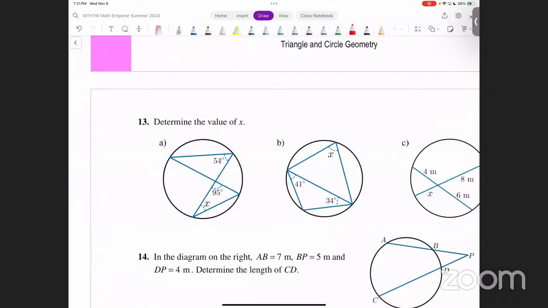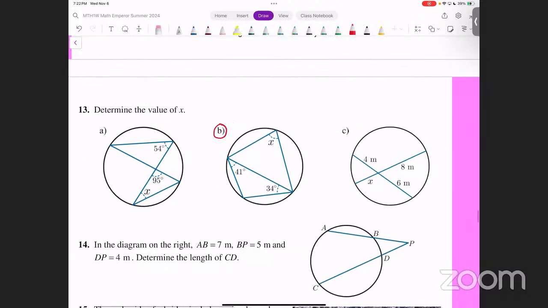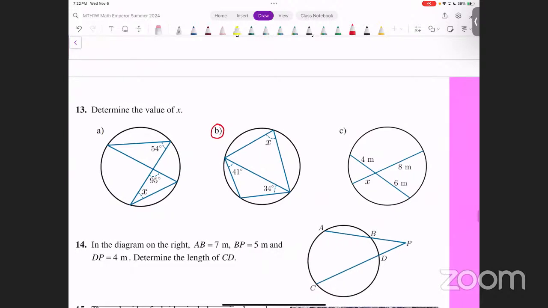Do you guys going to find the value of x? I'm going to leave it for you. You know, if you add all the angles in a triangle, you get 180 degrees. The opposite angles in a cyclic quadrilateral add up to 180, isn't it? Okay, I'm leaving it for you guys to think.